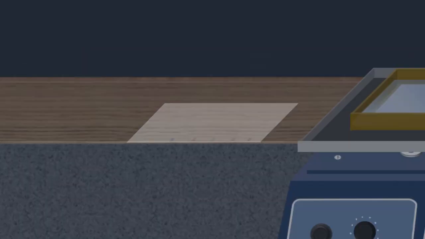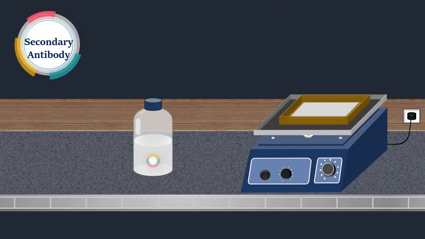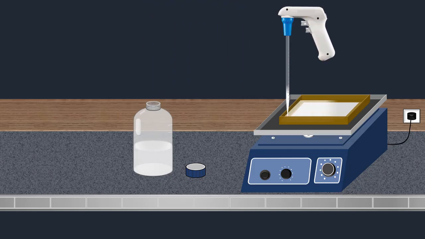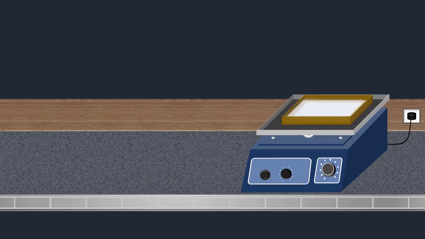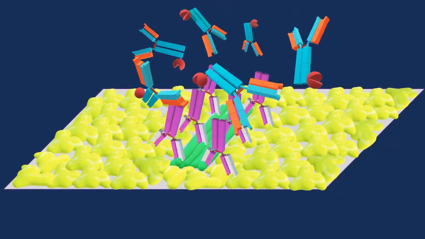After washing the membrane, the wash buffer is removed. Then, a solution containing the secondary antibody is added into the tank. Next, the membrane is incubated under gentle agitation. The secondary antibody recognizes and binds to a specific portion of the primary antibody.